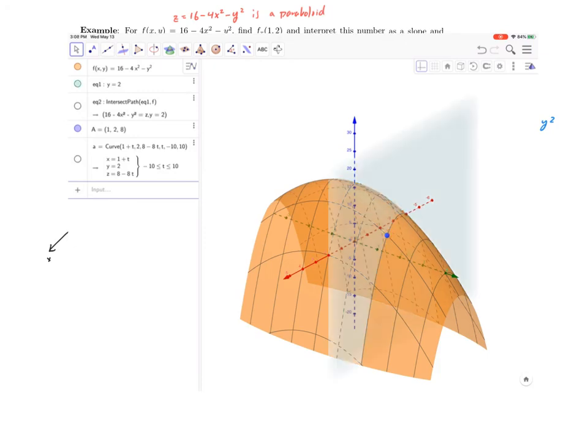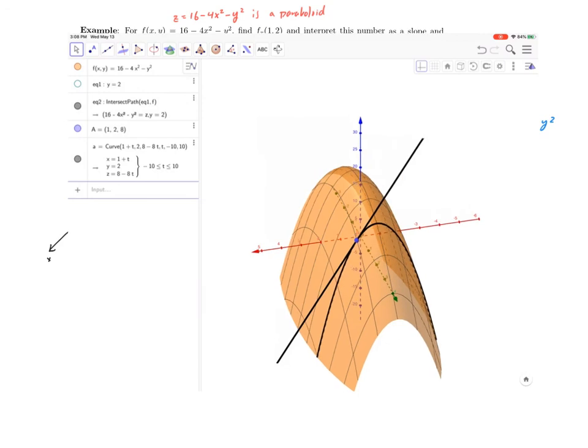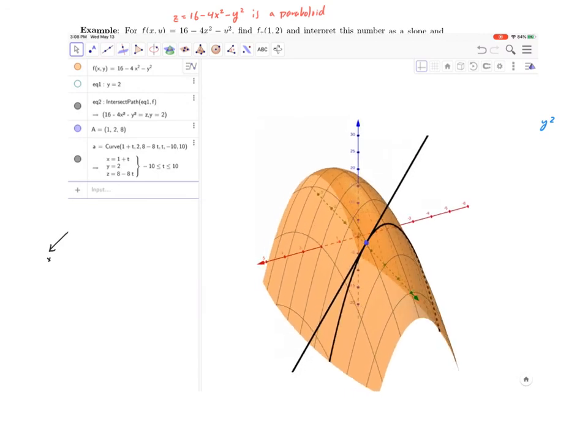To get the partial derivative with respect to x, we think of the y equals 2 trace, which is the intersection of the surface with that y equals 2 plane. And furthermore, note that at that point (1, 2, 8), the partial derivative with respect to x is the slope of the tangent line. And hopefully this helps to just better illustrate that interpretation that we have of the partial derivative.